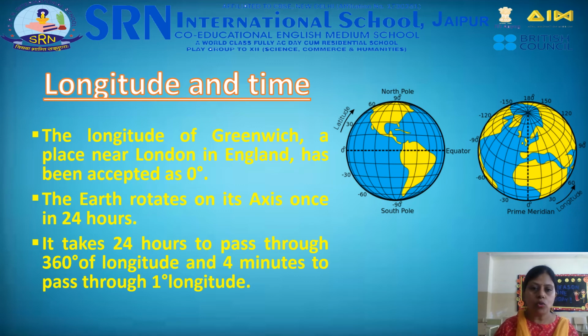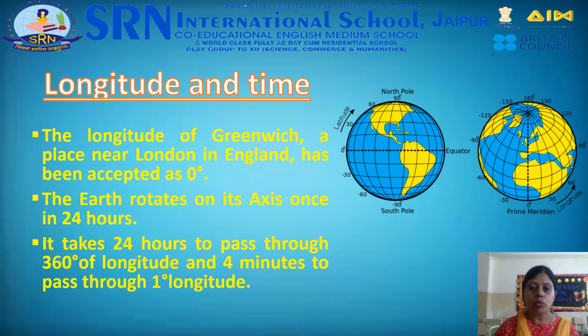Thus, if we know the meridians of longitude of two places, we can find out the difference in their local times. For example, the longitude of Delhi is 77 degrees east. It means there shall be a difference of 308 minutes or 5 hours and 8 minutes between the local time of Greenwich and Delhi.